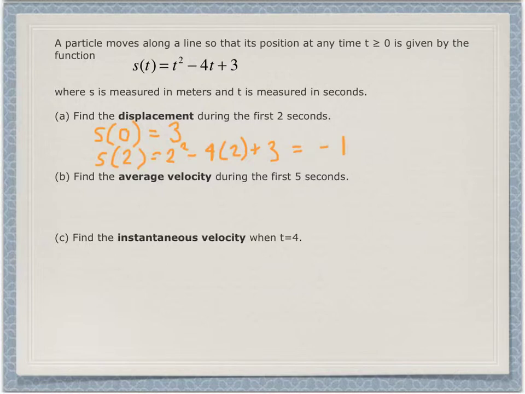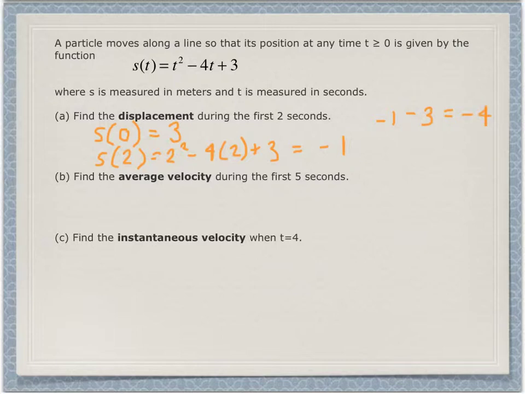All right, so what's my change there now? At 2 seconds I'm at negative 1, and I better subtract my 3 here, and notice I get an answer of negative 4.